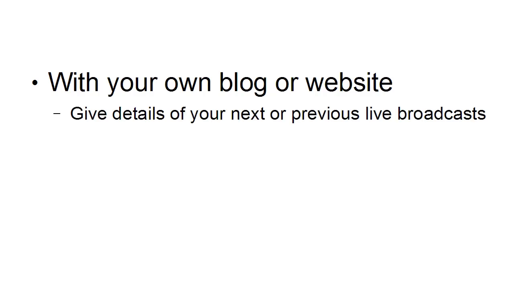And of course, probably the best way to integrate Facebook Live with other media is with your own blog or your own website. So you can give details of your next or previous live broadcasts. You can link to saved videos that are part of your Facebook timeline.